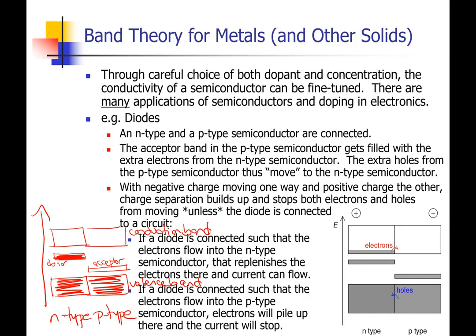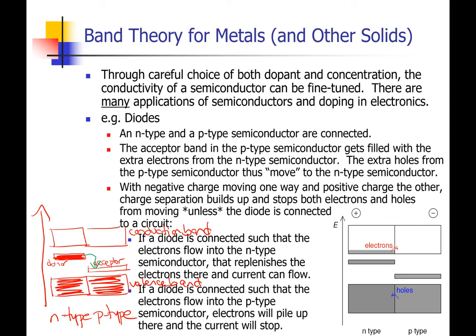Now, looking at those diagrams and thinking about what we know about electrons: electrons like to be in the lowest energy that they can possibly have, so they're going to be looking for the lowest energy states possible. As soon as that n-type semiconductor and that p-type semiconductor come into contact, we should expect that the electrons in this donor band are likely going to want to drop in energy down to that empty acceptor band in the p-type semiconductor.